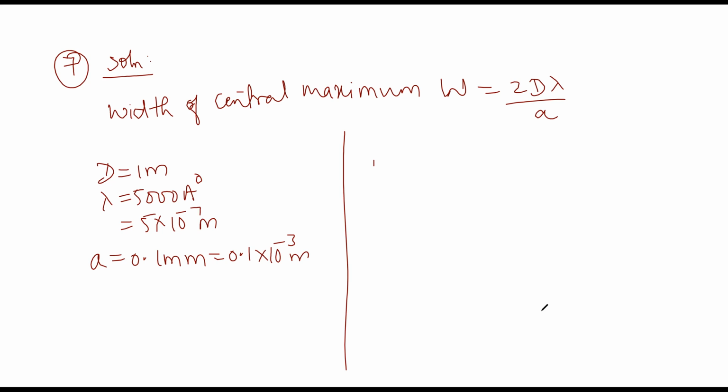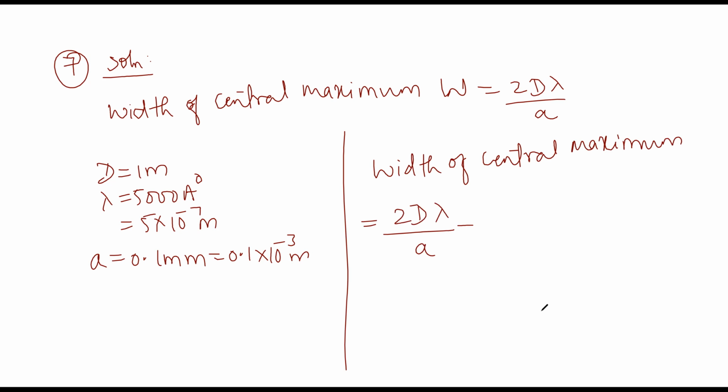So therefore, the width of the central maximum is given by the formula 2D lambda divided by a.